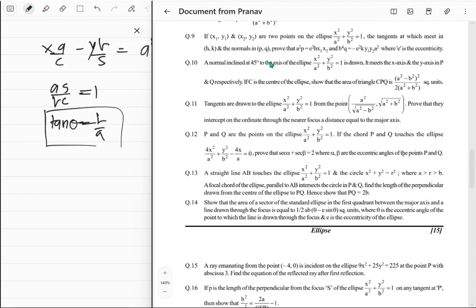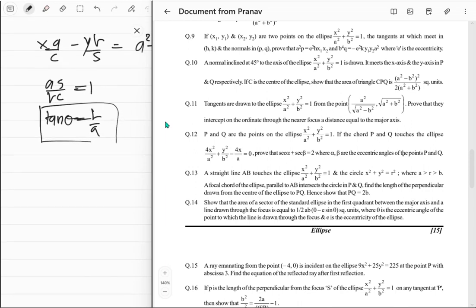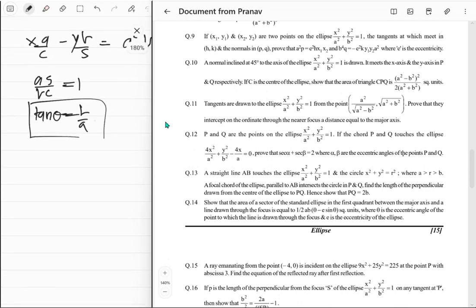Okay, cool. And what we really want is the area of triangle CPQ, right? So wherever it intersects with those axes, fine. Whenever x is 0, your y just becomes a squared minus b squared, and that times sine upon b, magnitude-wise, right? Not caring about the sign.